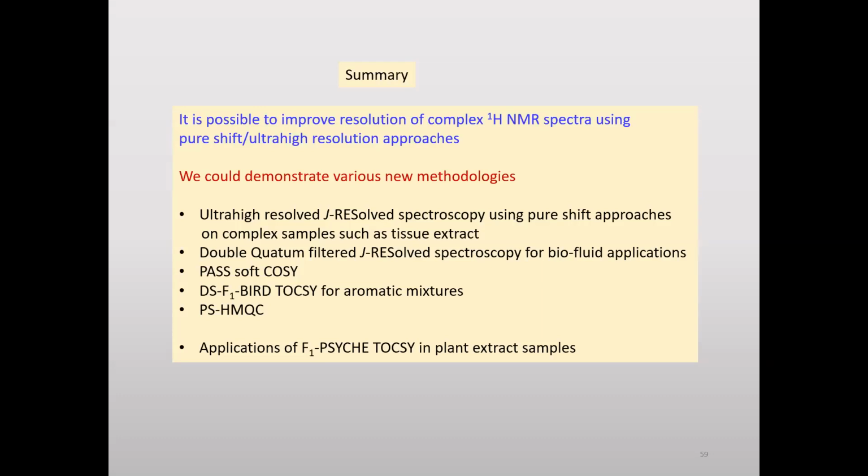We demonstrated that a double quantum filter spectroscopy provides very high resolution spectra from biofluid samples like human urine. We demonstrated parallelly acquired slice selective soft COSY spectra. We demonstrated diagonal suppressed F1 bar toxic experiments for aromatic mixtures. We also developed pure shift HMQC techniques, and applications of F1 TOCSY experiments for plant metabolomic samples.